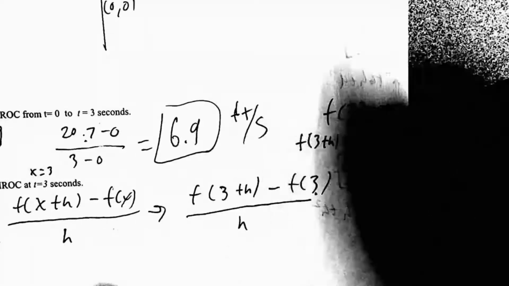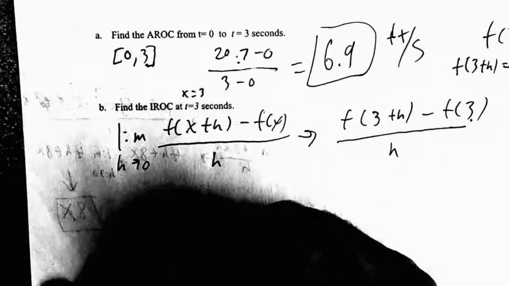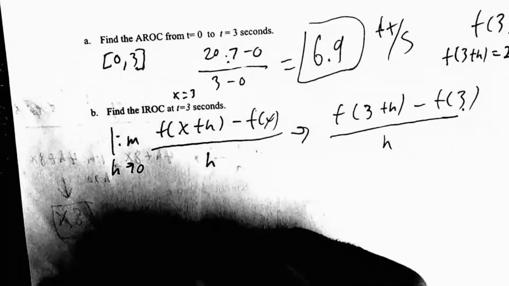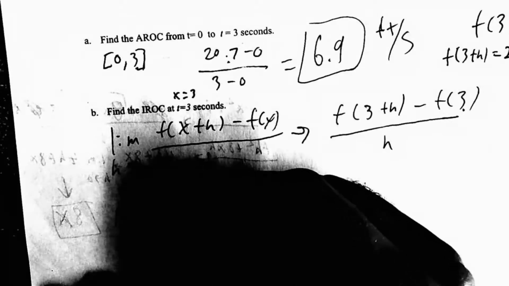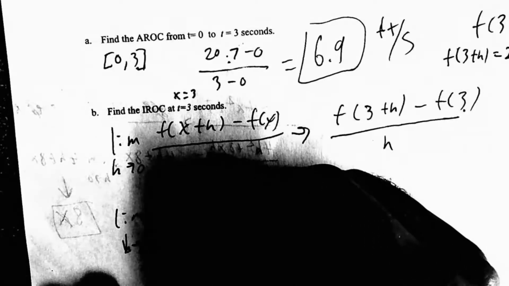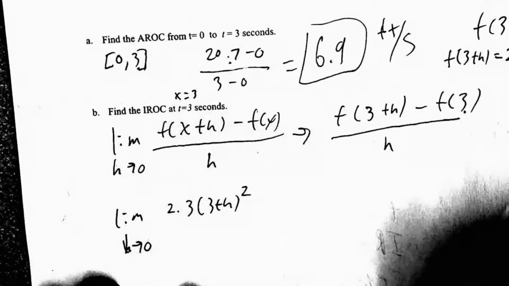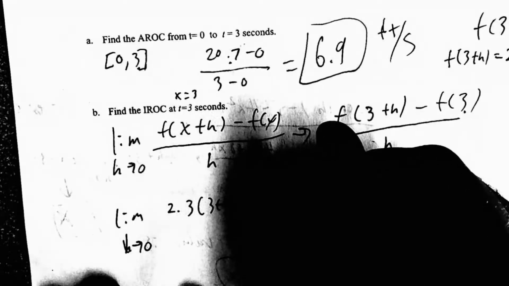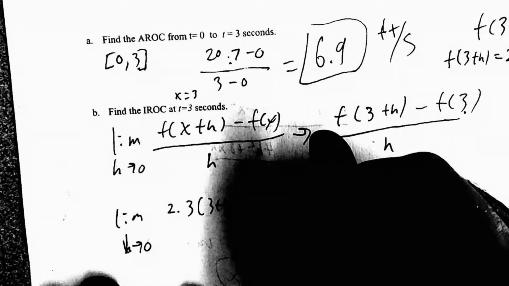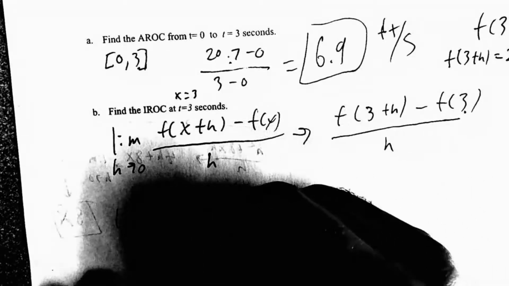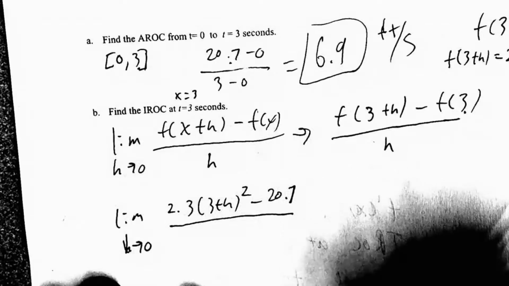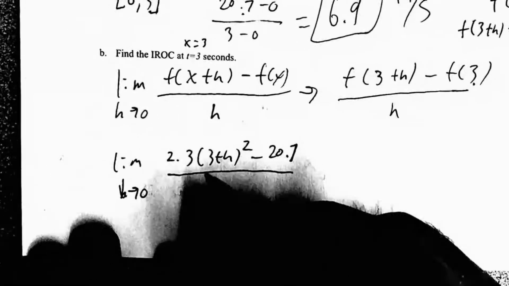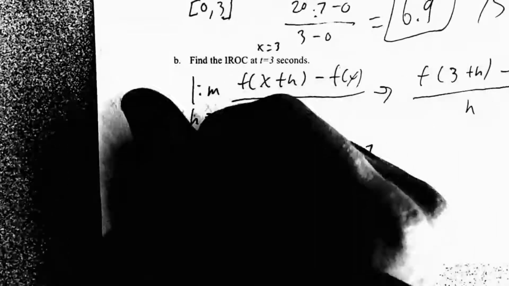Now I'm going to substitute these in. It's going to be limit as h goes to 0 of 2.3 times 3 plus h squared minus 20.7 over h.